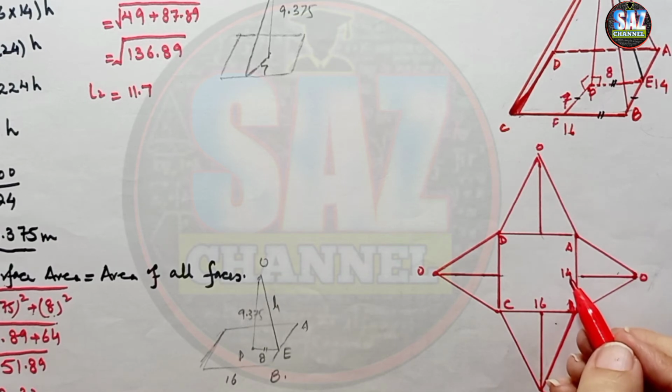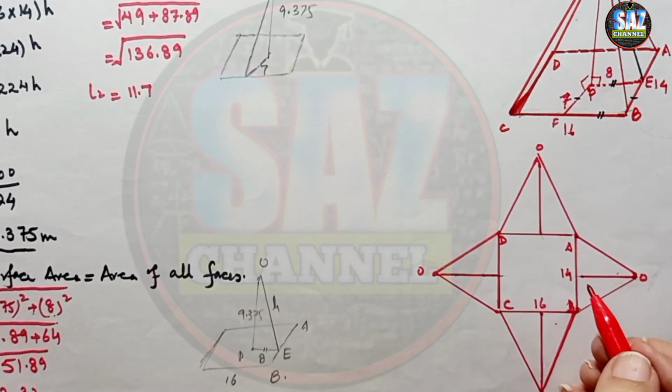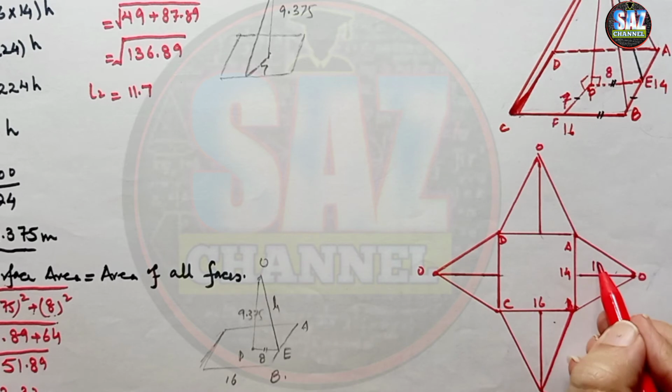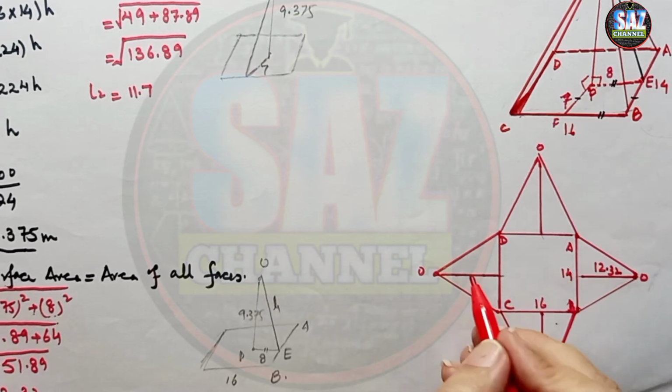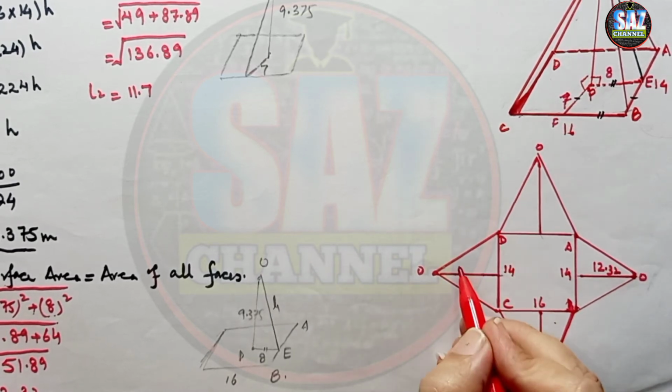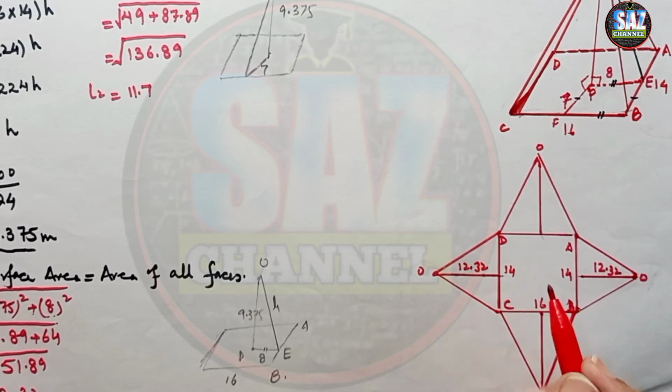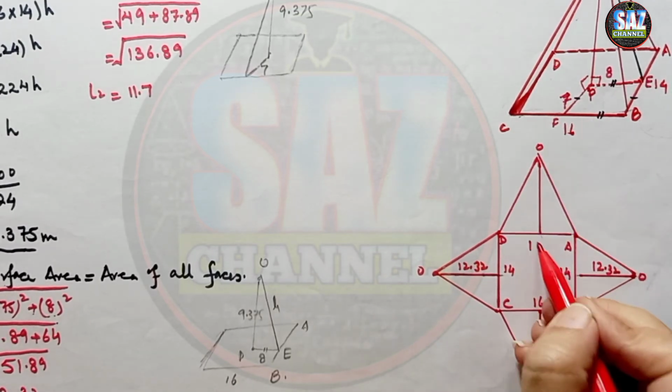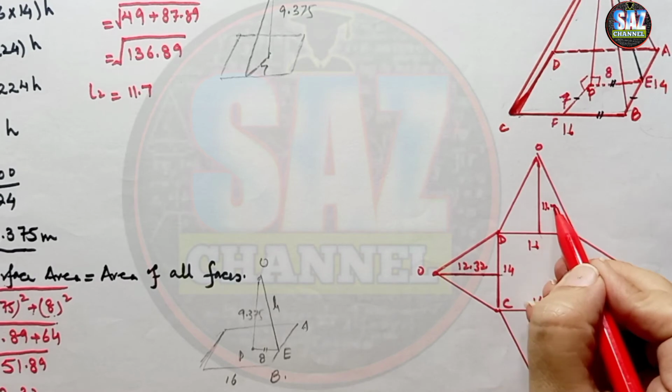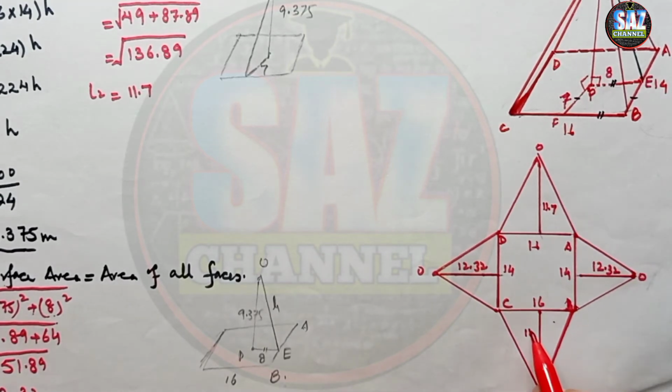And now height L1 is 12.32, and this is again 14 and 12.32, and this is 16, and this is 11.7, and this is 11.7.